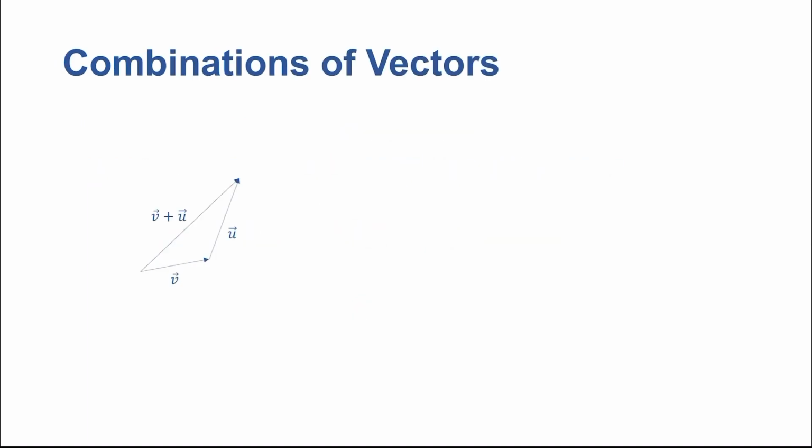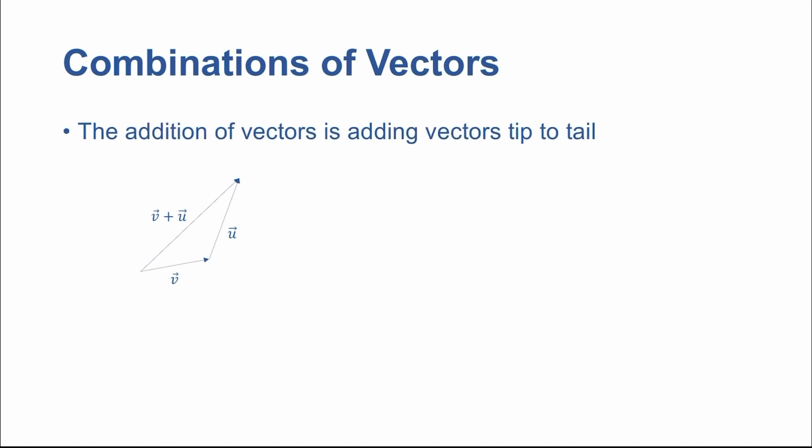All right, now we can actually talk about how we combine vectors. So if I want to add a vector, I take a vector and I add the vector tip to tail. So if I've got vector v, and I want to add vector u to it, so vector v plus vector u, then that is just, if I put the tail of u at the tip of v, then I get v plus u.